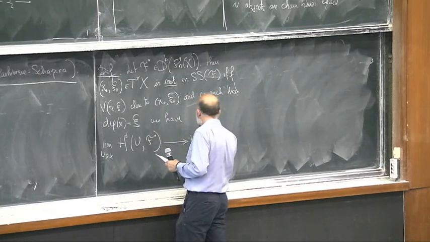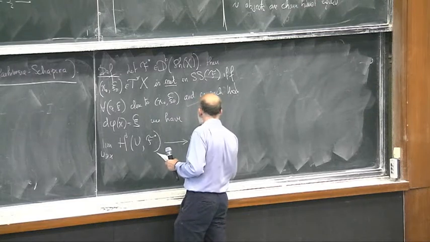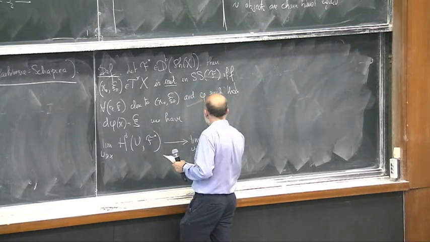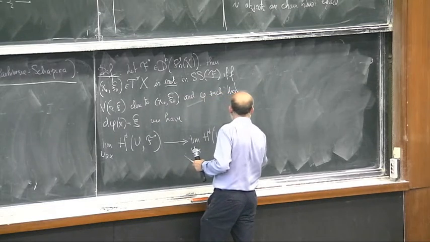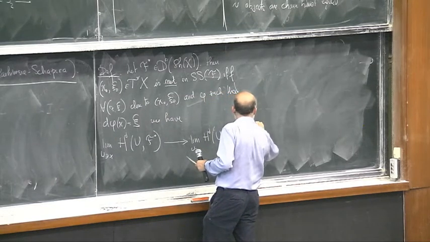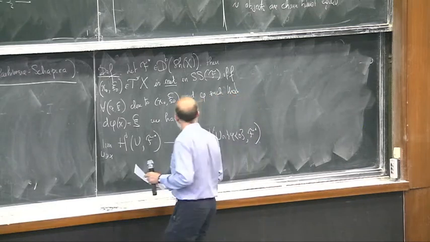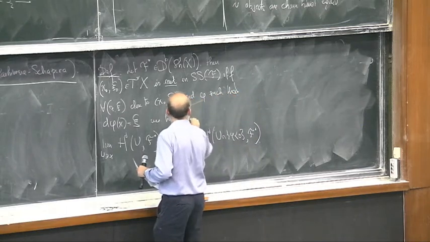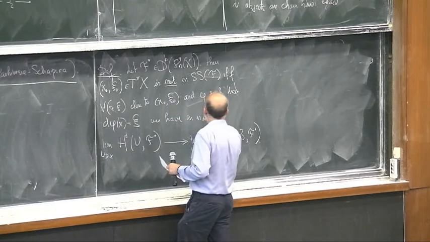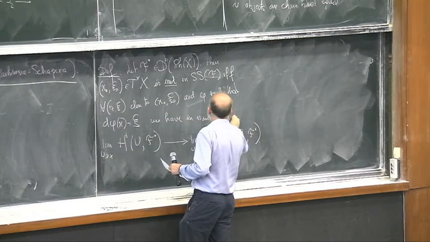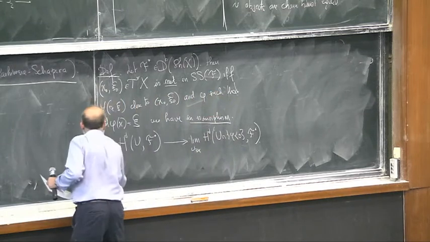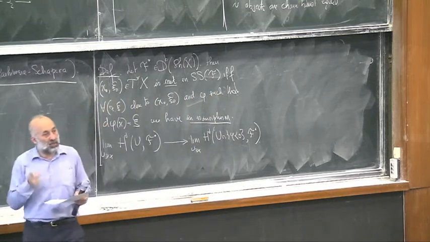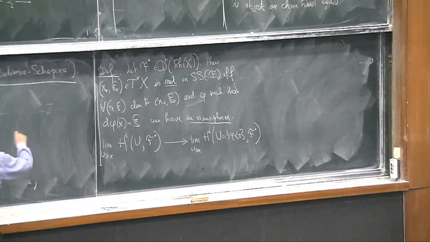To the limit for U containing x of Hj of U intersection phi negative, again with coefficients in F. And if we have here an isomorphism. That's so a direction, because of course psi is just this. This is going to be psi 0.